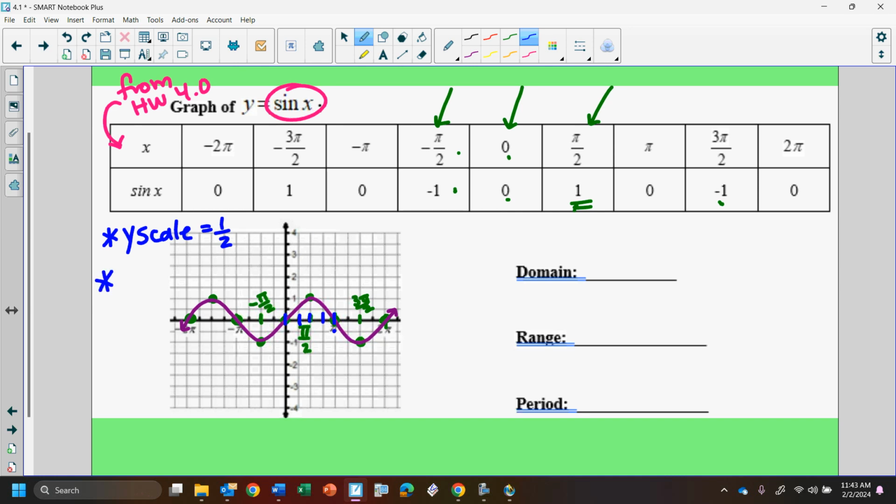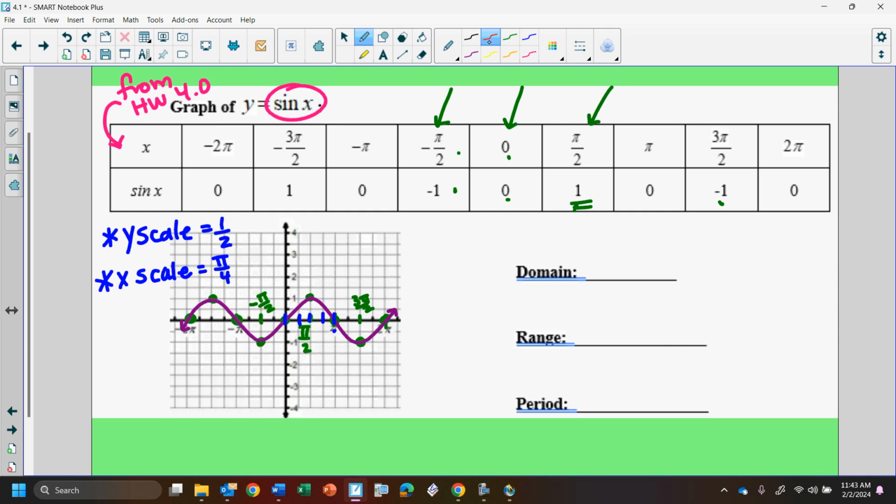Let me write this. Our x scale, the x-axis, is counting by pi over 4. So each box is going to be a pi over 4. That's a really important thing to remember in this unit, because sometimes we're going to have to graph crazy things like 5 pi over 4 or -3 pi over 4.